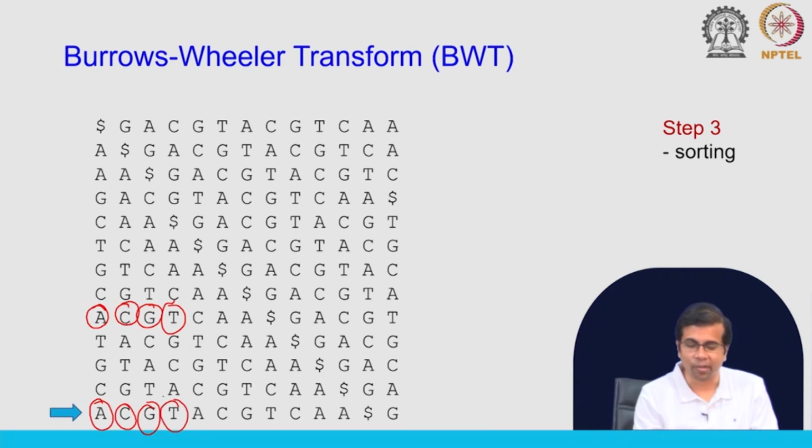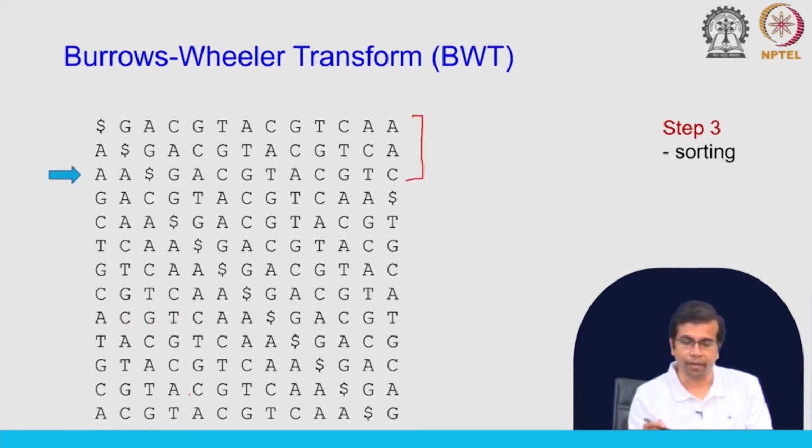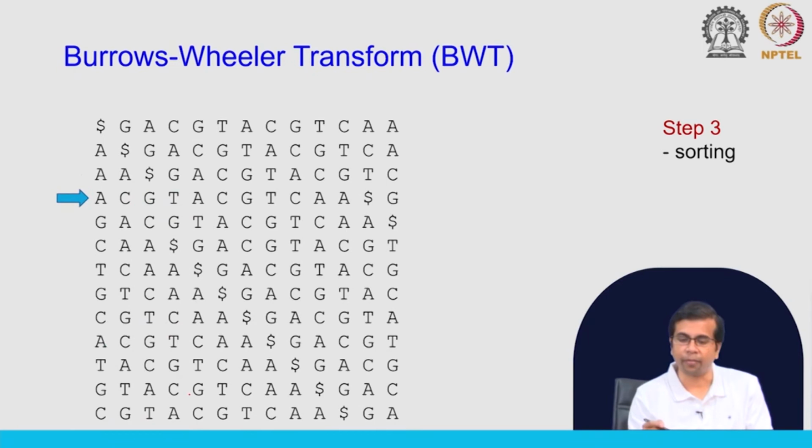If they are same, keep on going, C, G, G, T, T, and at the fifth letter we have now resolved this. The fifth letter, this one has A, the other one has C. So, the one with A will come, and this will be brought up here. So, this part is now sorted. And we have to continue this process.